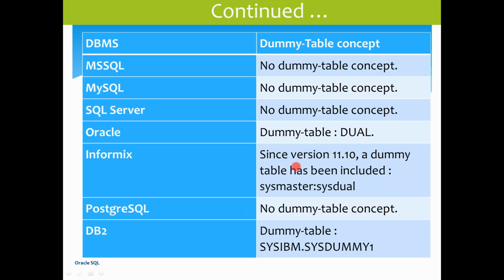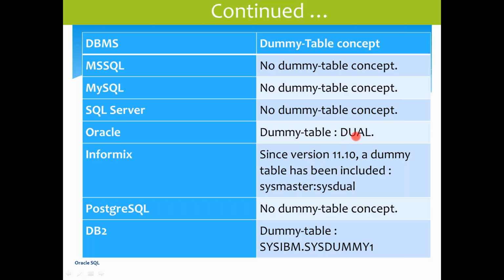Informix is one database. Here, since version 11.10, a dummy table has been included. So earlier it was not there in the Informix database. They implemented it in version 11.10 onwards. So from version 11.10 onwards, if you are using it somewhere in a project, then you can use that as a dummy table. What is that dummy table name they have given?